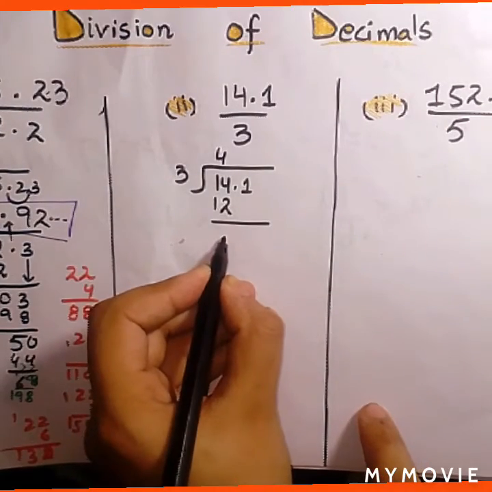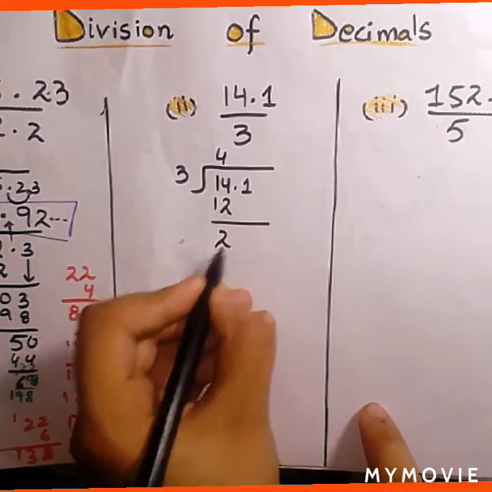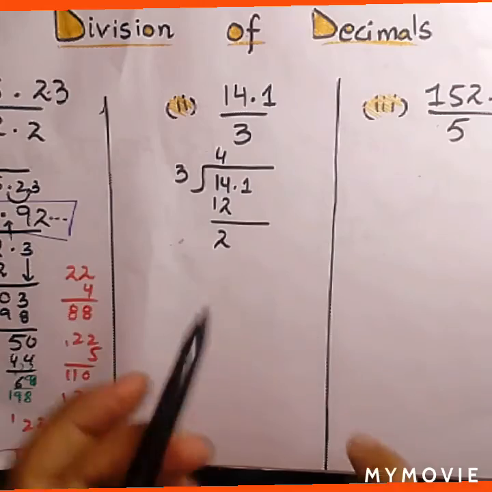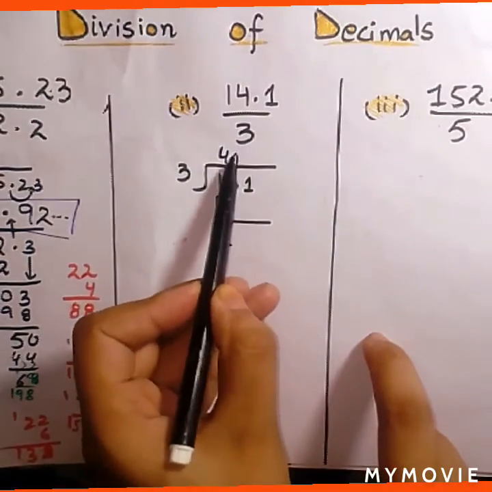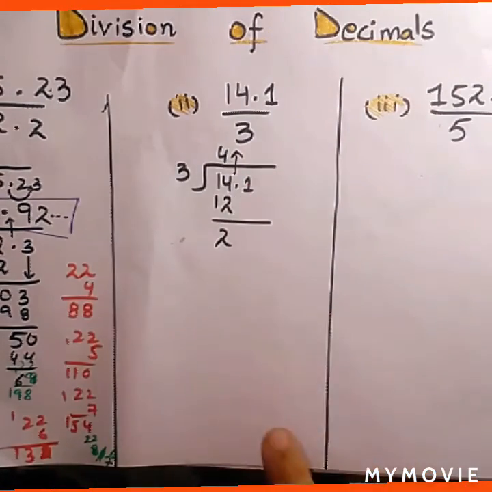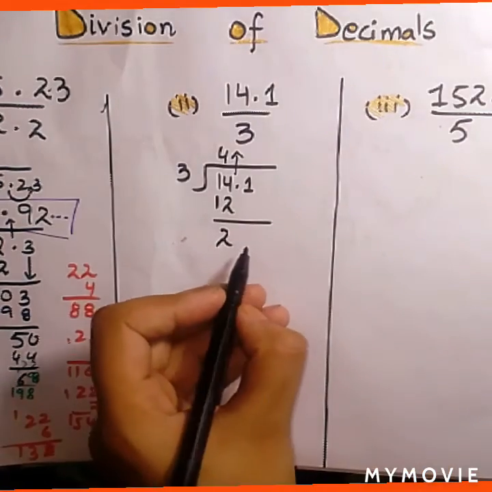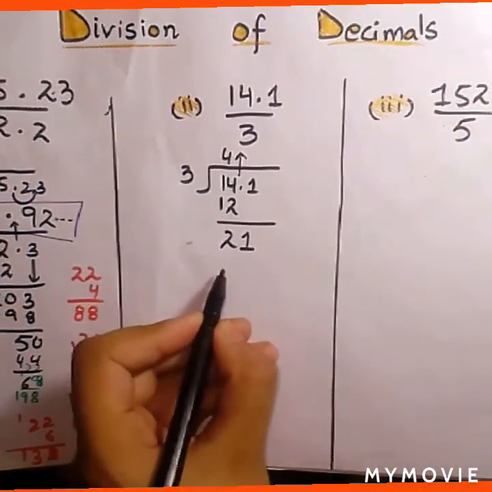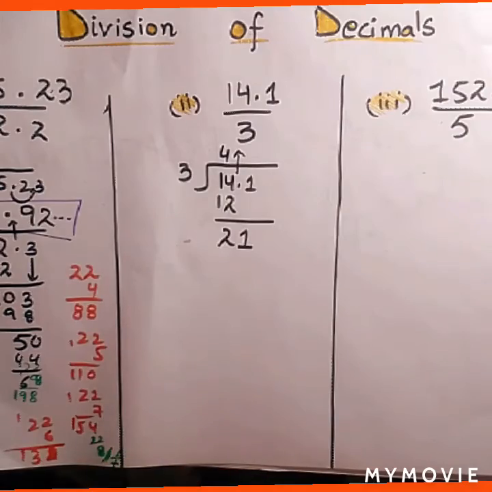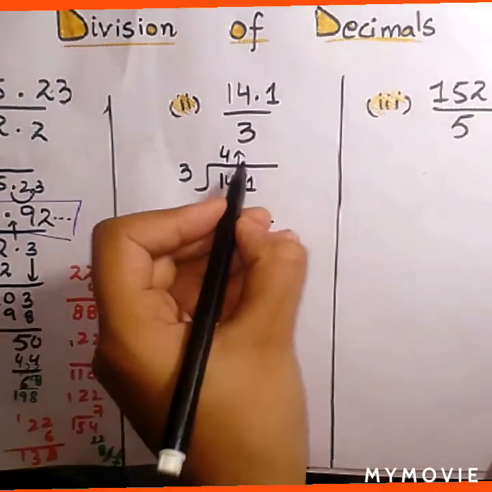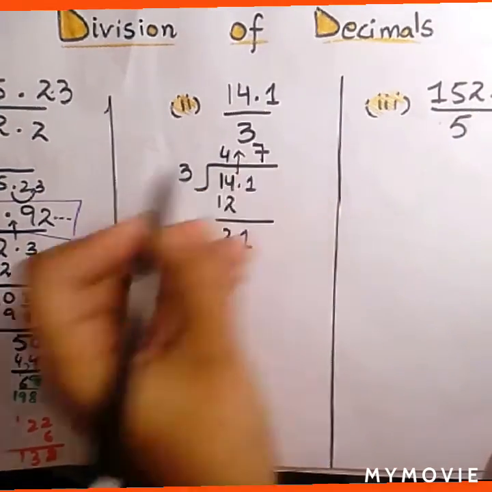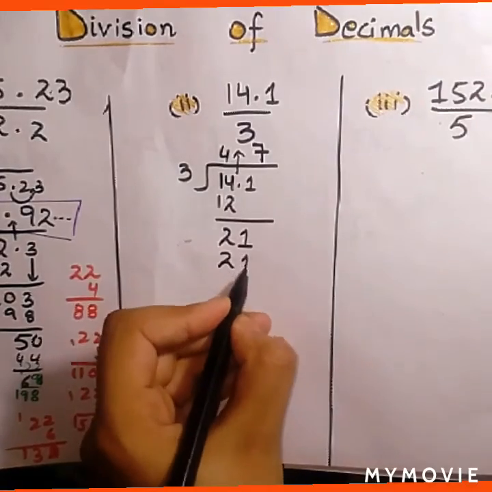Subtract 12 from 14 and we get 2, and the point shifts upward, and we shift 1 downward because 2 is less than the divisor 3. That's why 21. We know that 3 times 7 we get 21.